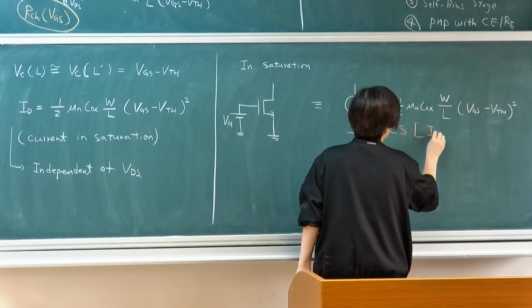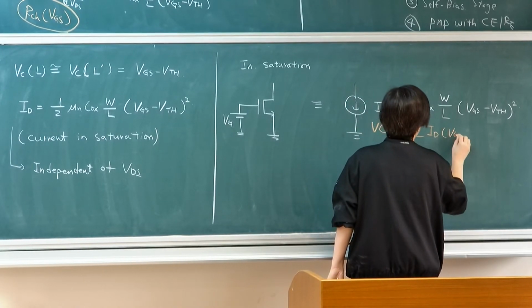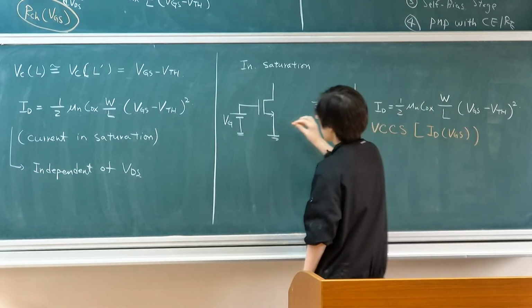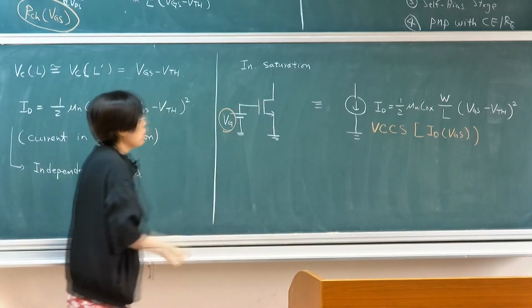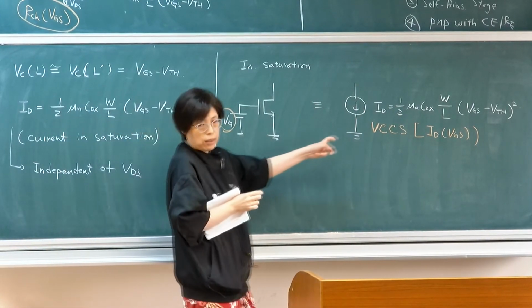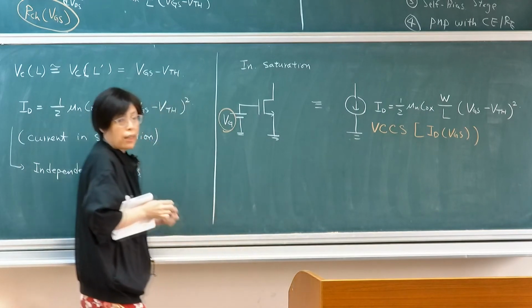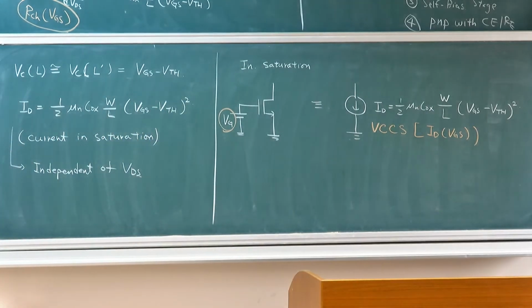ID is a function of VGS. So this is where you input your signal, and then you can modulate the current. And we can actually get what we want, the amplification effect. The flat line is actually very ideal. This is the VCCS, ideal for amplification.